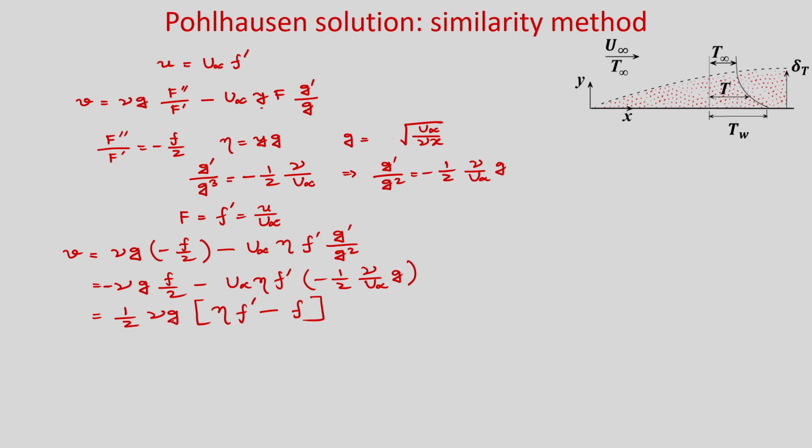And what is g? g is your root of u_infinity by nu x, okay, half nu g times (eta f prime minus f). So, this nu if you take inside the root, then you will get half root of u_infinity nu by x times (eta f prime minus f).